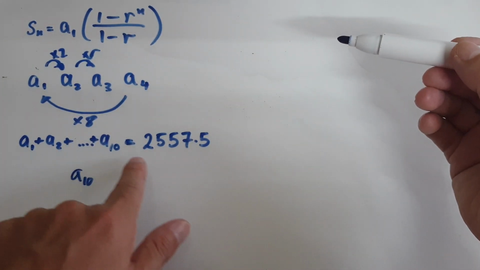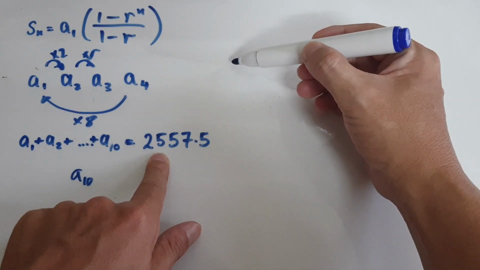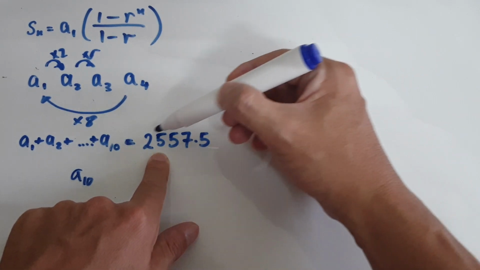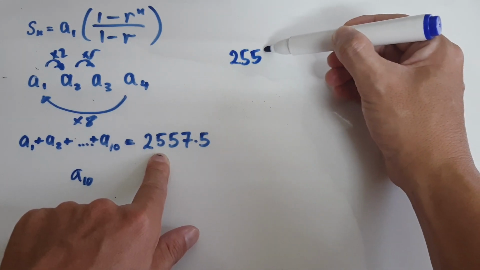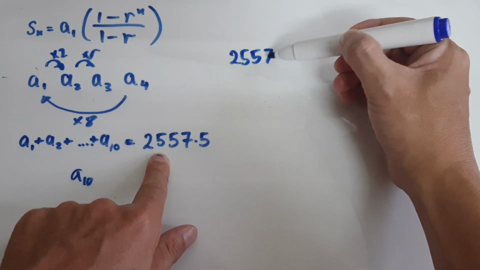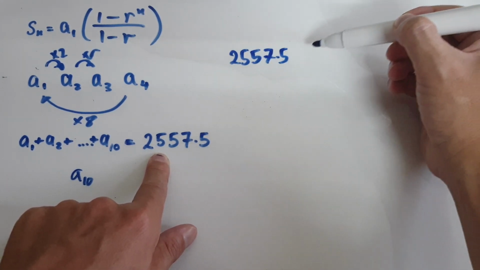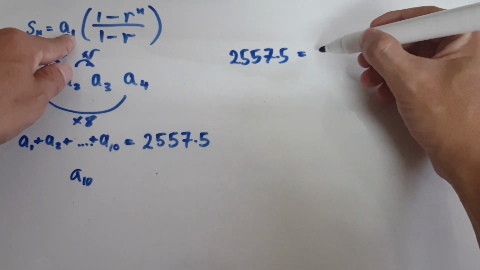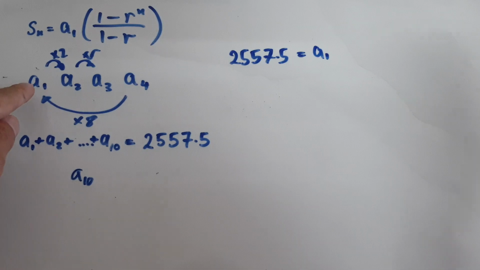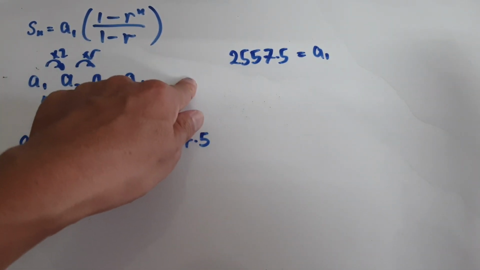In the question, it says that the first 10 terms comes up to this. So let's put it into the formula. That will give you this 0.5 equals. So you put it into here. The first term, which is what we're trying to find, because if we can find the first term, then we can jump to the 10th term.